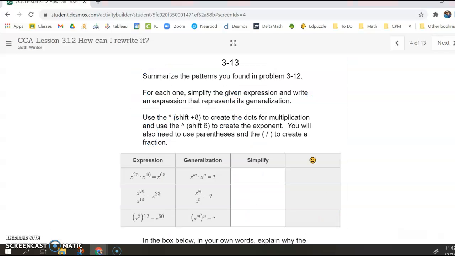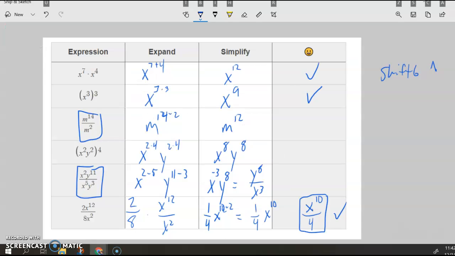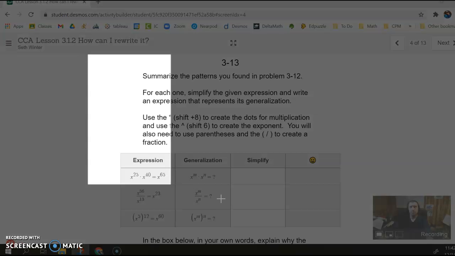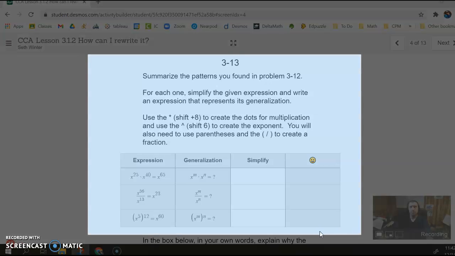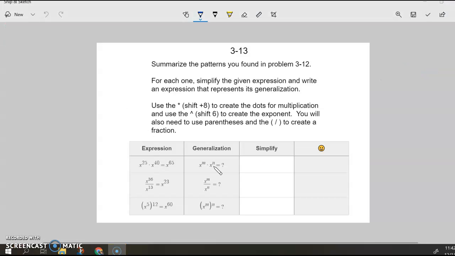So here we are in slide 4, and we're going to look at these rules to generalize them. The idea is I have an expression, I have the generalization, and how do we simplify the generalization? Well, remember, if we multiply the same bases, we add their exponents.